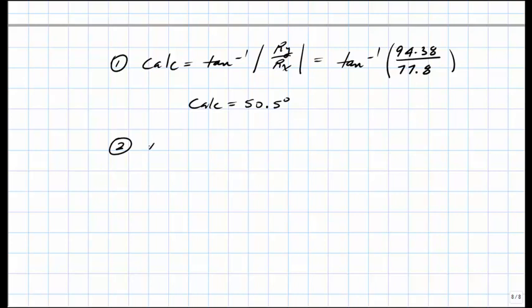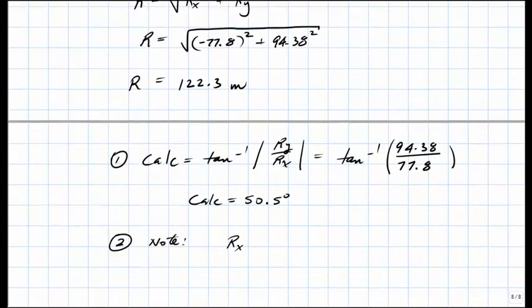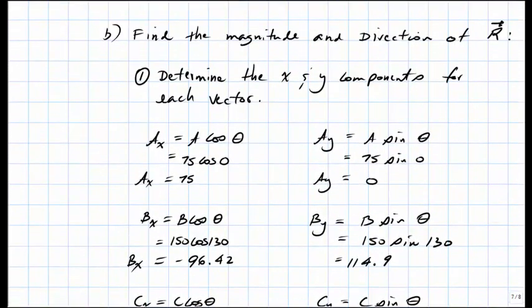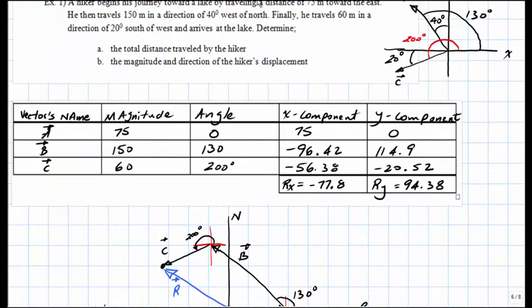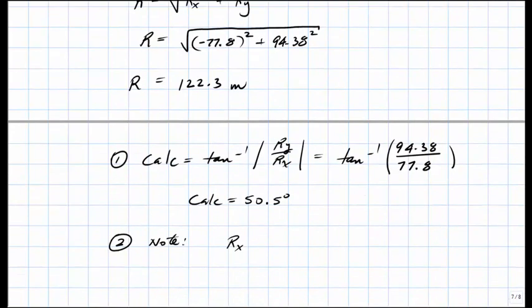So in step 2, first of all, we have to note that r sub x, let's take a look at our table, r sub x had a negative sign next to it and r sub y was positive. So let's note that.